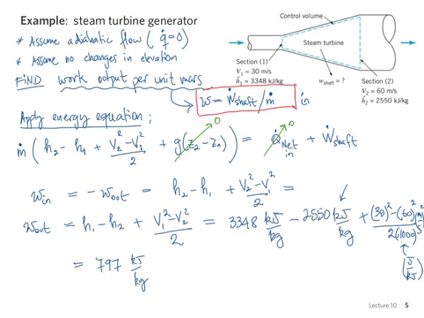Does that make sense? And so this work term here is positive in the thermodynamic sense when it's going in, but it's really going out. So this is going to give me a negative number.